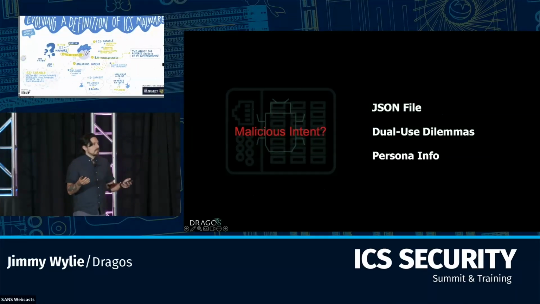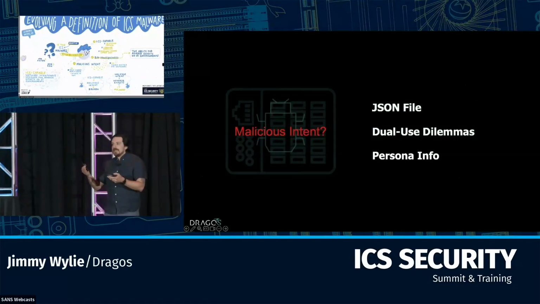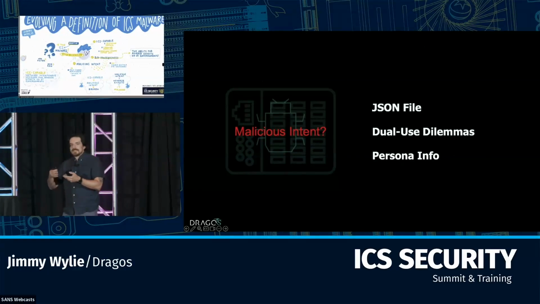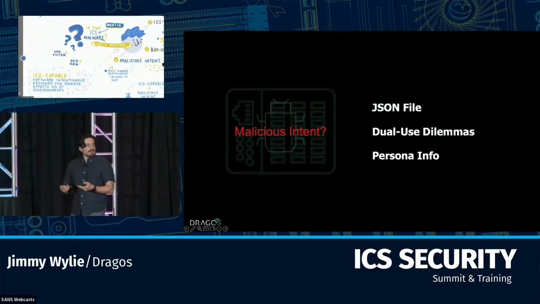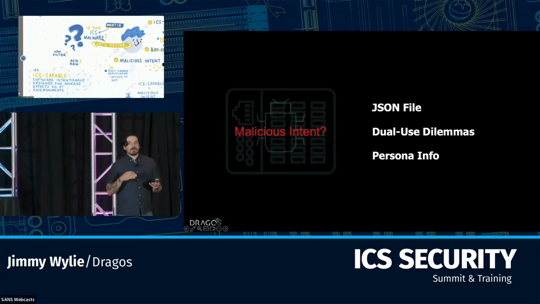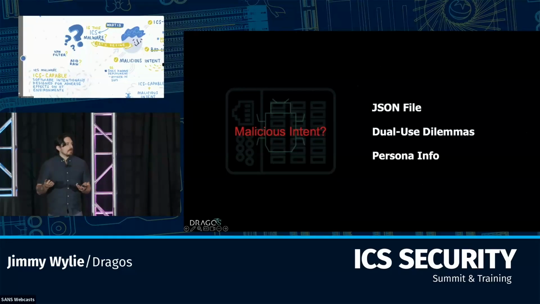So the main one is just the ICS vulnerabilities and the exploits. That could be used by a red teamer to test the defenses of a network. It could also be used by a malicious actor: set this up in a server, point it at a network and break in. So we weren't really sure which way it was supposed to be used. We couldn't find conclusive evidence in the code either way. Another example of this is the tool could do malware detection.